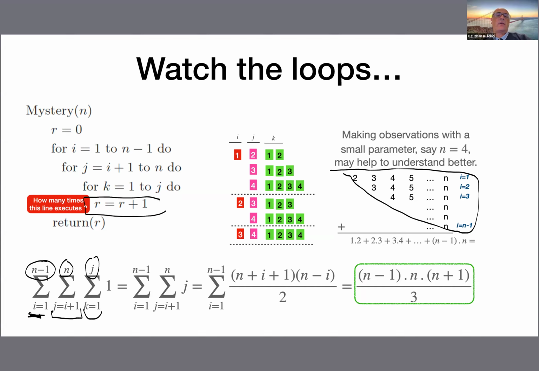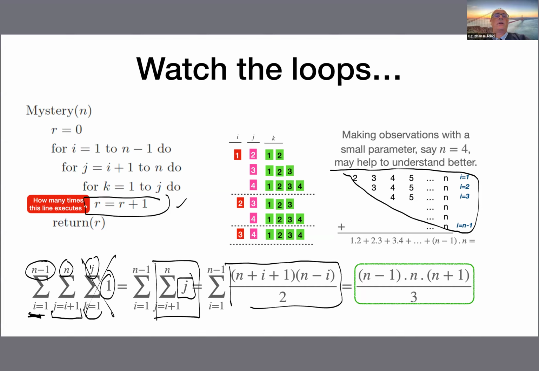There is a constant operation here; I'm just trying to make the summation. For k from 1 to j, summing up that many 1 values, this will be equal to j. You solve this, and what is this? It is equal to this one. You are done with this, and if you just solve it, you will come to that position.